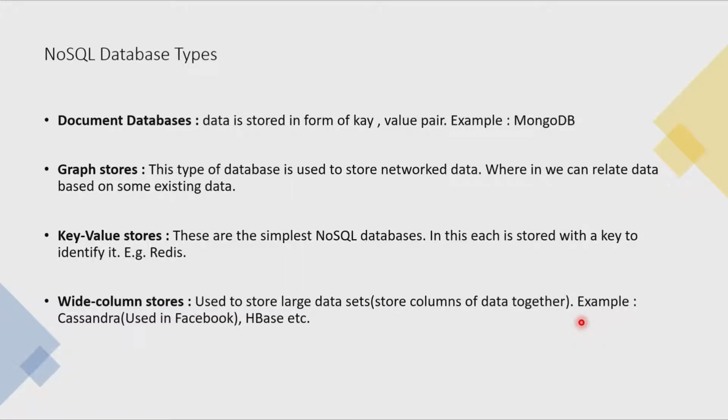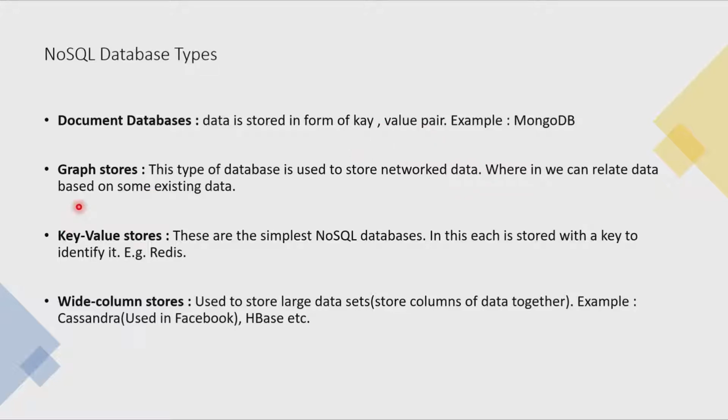So these are the different types of NoSQL database. We have a document database, which is MongoDB, which we are going to see in more detail in this tutorial. Data is stored in the form of a document which has two parts: one is the field, and another is its value.